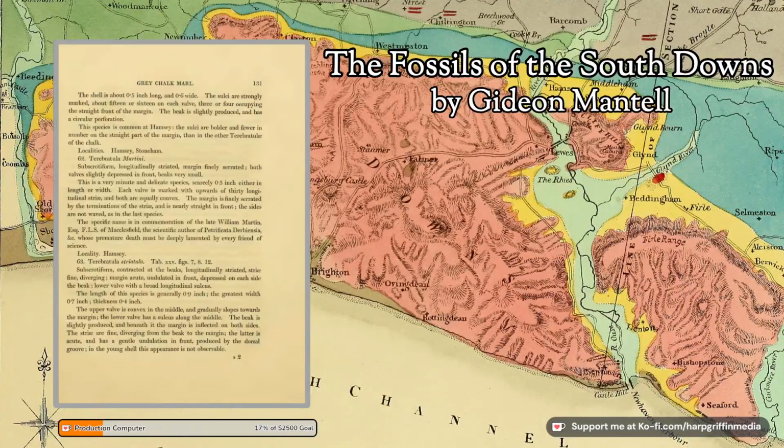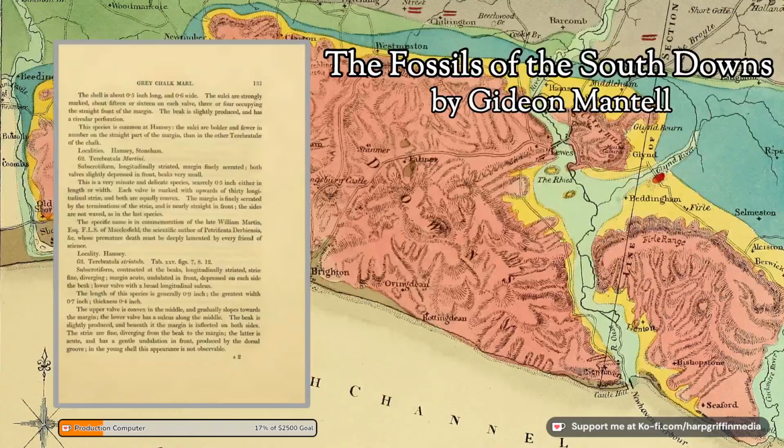62. Terebratula martini. Subscutiform, longitudinally striated, margin finely serrated, both valves slightly depressed in front, beaks very small. This is a very minute and delicate species, scarcely 0.3 inch either in length or width. Each valve is marked with upwards of 30 longitudinal striae, and both are equally convex.